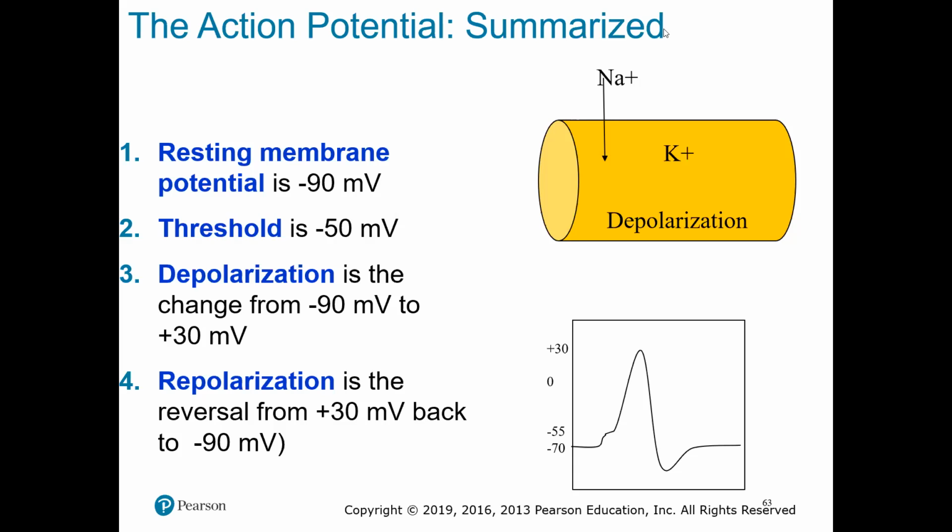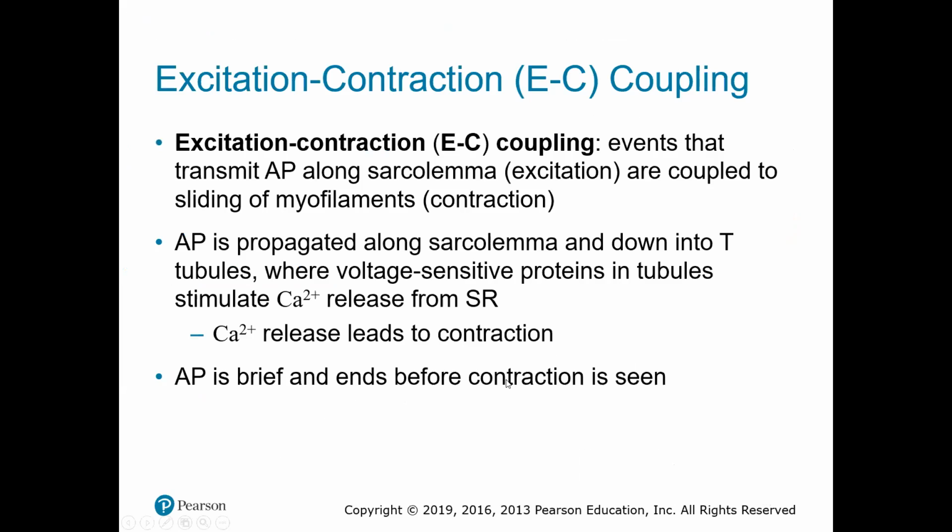That's all well and good, but what does that have to do with a contraction? Okay, we have another phenomenon called excitation contraction coupling. The process of sending the action potential across the cell membrane is tied directly to the contraction step.